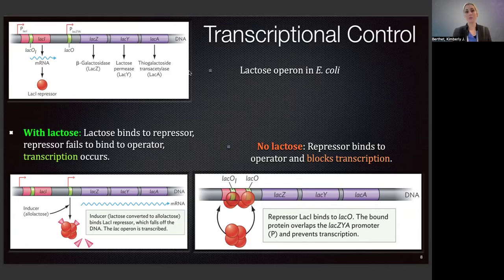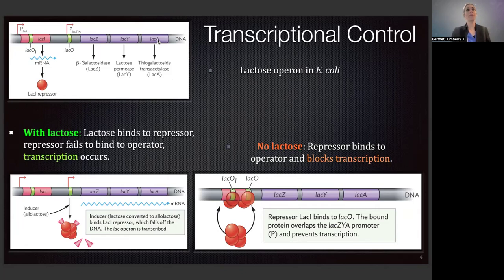So E. coli can break down lactose if it wants to, but it can also break down glucose and prefers to break down glucose. But if glucose runs out in the environment, it's going to want the ability to break down lactose, or else the cell could die. But the ability to break down lactose and expression of all of these lac genes is not necessary if we're not breaking down lactose.